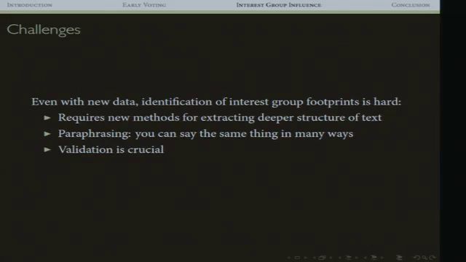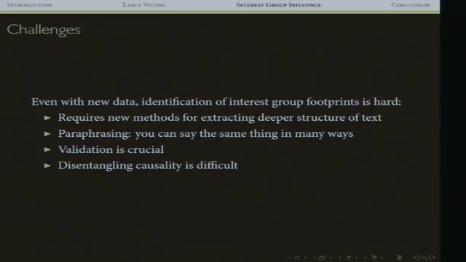Validation, more generally, is extremely crucial. You have to make sure with this data that what you're getting out makes sense. You have to try to benchmark it to existing knowledge. And another challenge is disentangling causality is extremely difficult with this data, right?